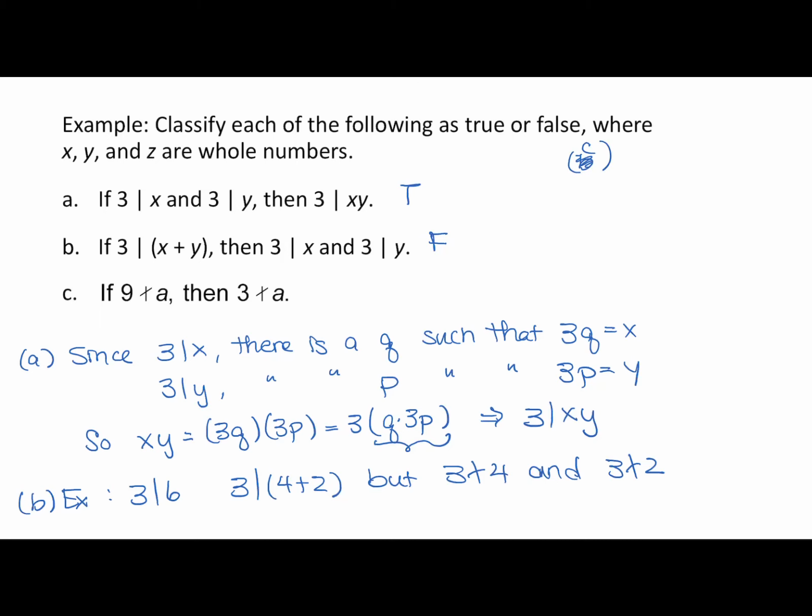So let's just stick with 6 here. 9 doesn't divide 6. So can I conclude that 3 doesn't divide 6? Well, no, we've already said that 3 does divide 6. Okay, so this is also false. All right, so if a statement is false, it's enough to find one counterexample. If a statement is true, you need to show why it's true.